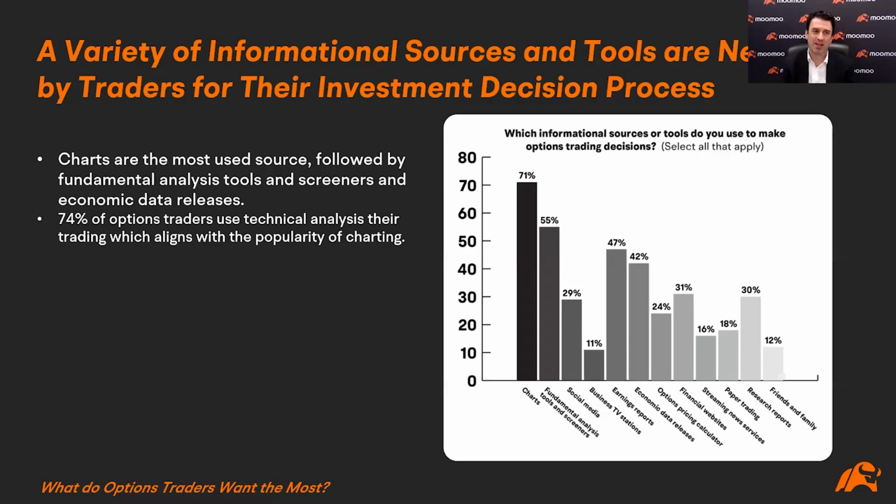Here we see that's the second most used source, the fundamental analysis, the tools and the screeners, and Moomoo offers so many of these different types of screeners to help you with understanding the valuation aspect of stock investing. 74% of options traders use technical analysis when trading, and obviously that aligns with the popularity of actual charting.